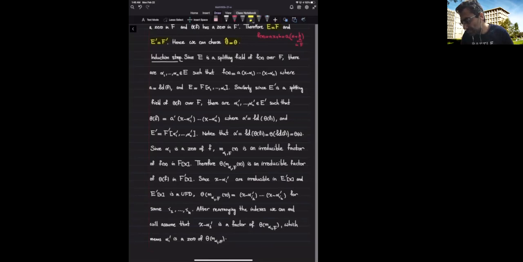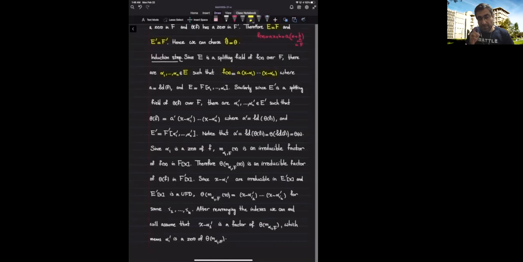When we say E is a splitting field of f, that means over E, we can write down f as a product of degree 1 factors. So I can find some alpha 1, alpha 2, ..., alpha n inside this larger field E in a way that f is, of course, its leading coefficient times this product of degree 1 factors.